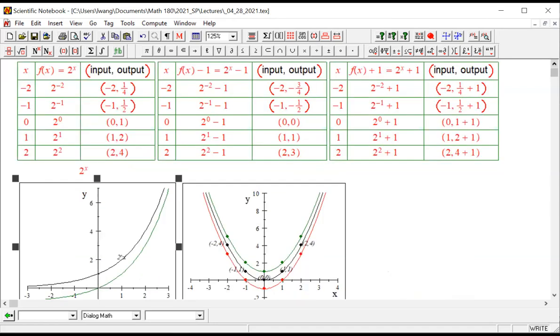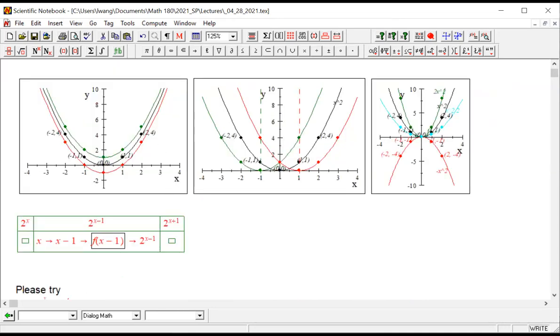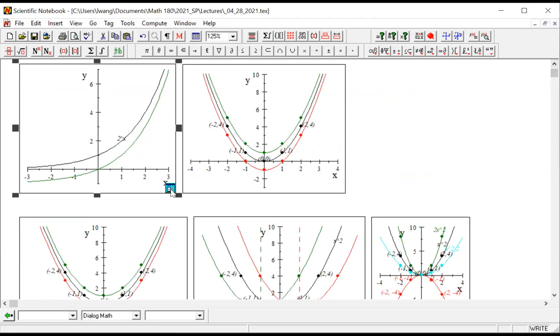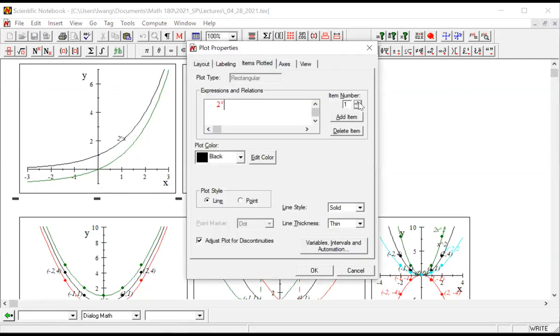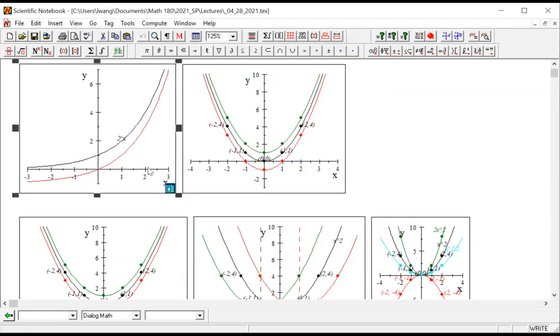Hold on. I should be using red. Sorry. I just want to be coordinated with the other one. This should be red.